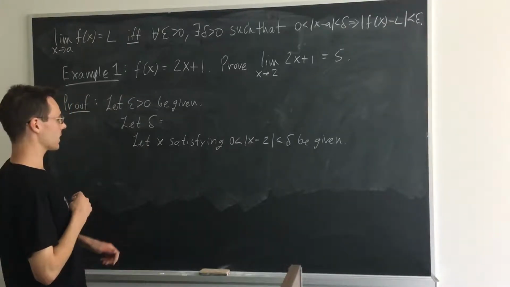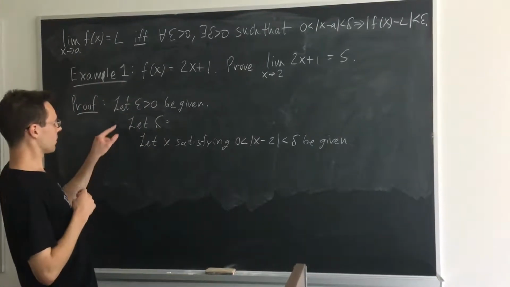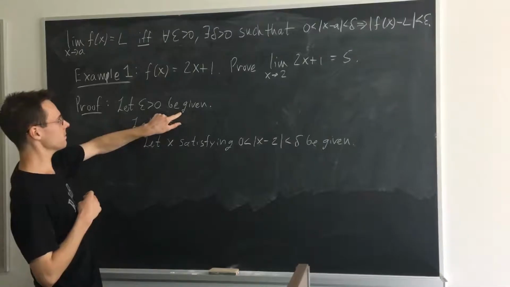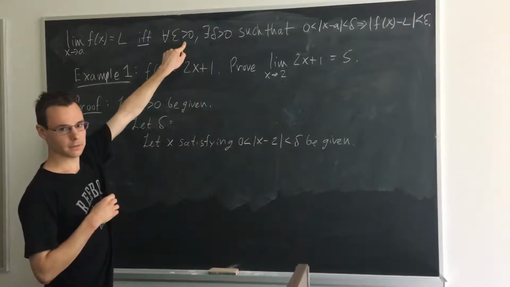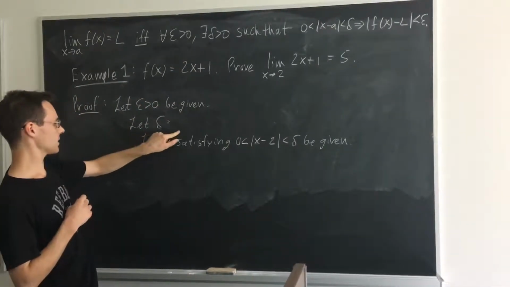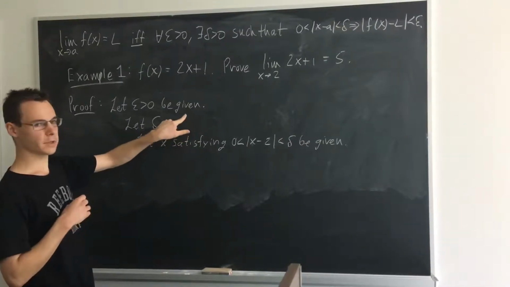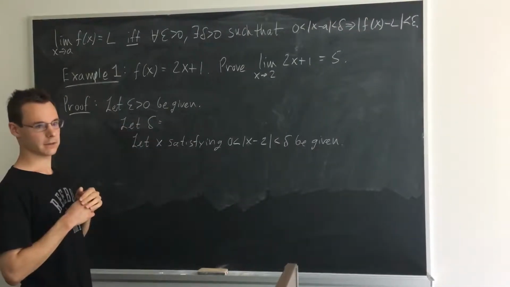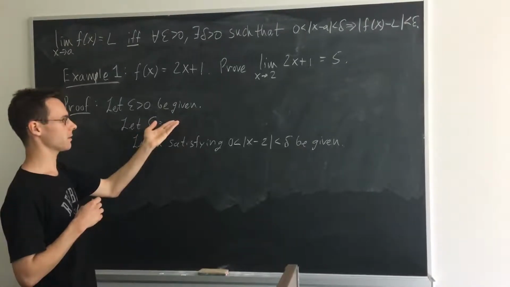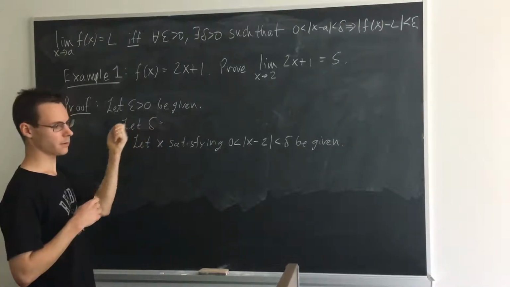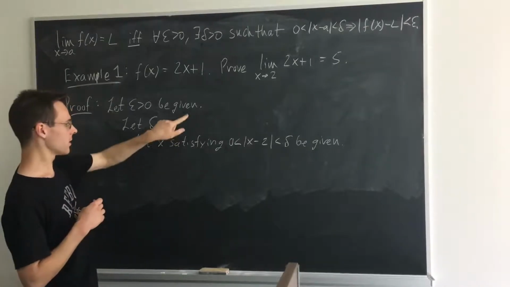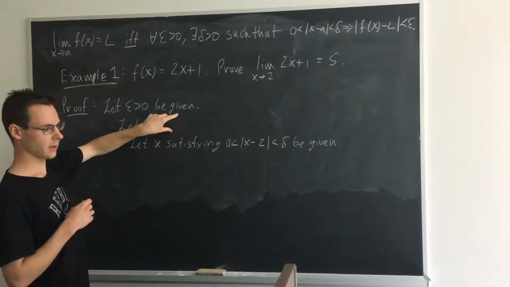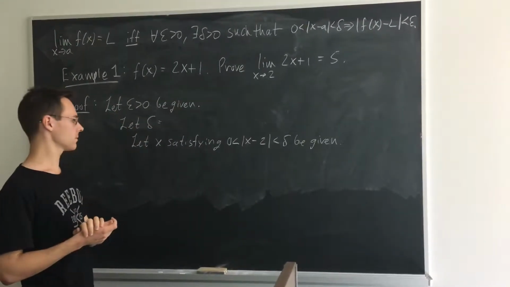Okay? So again, we have epsilon greater than 0 given, so the proof will work for all epsilon. We have a specific delta. This will be filled in later as we go through the proof, because we don't know what delta is yet. It will surely depend on epsilon. As epsilon gets smaller, delta will also have to be smaller. But how small will it have to be? We'll find that out. Okay?